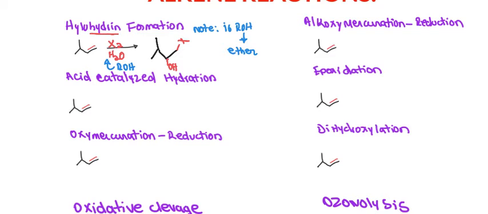For acid catalyzed hydration, let's put any strong acid. H2SO4 is the most common that you're going to see. Let me draw it backwards, because you might also see it this way. H2SO4 and H2O.